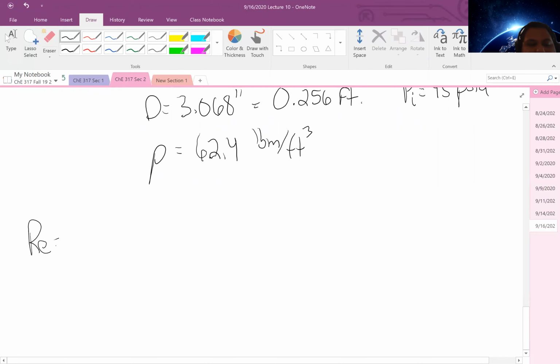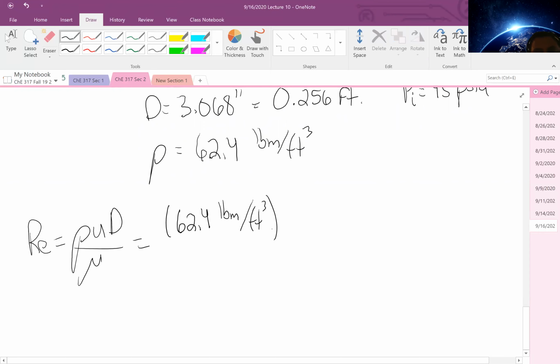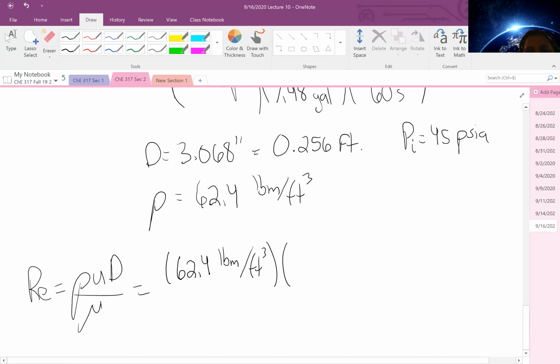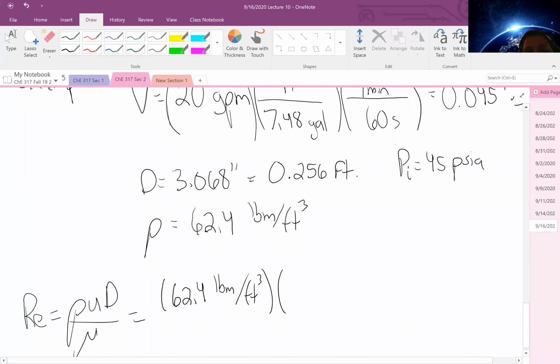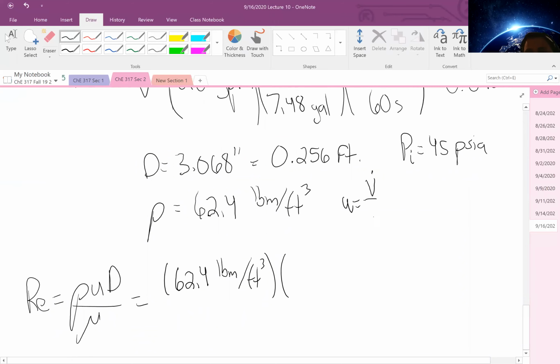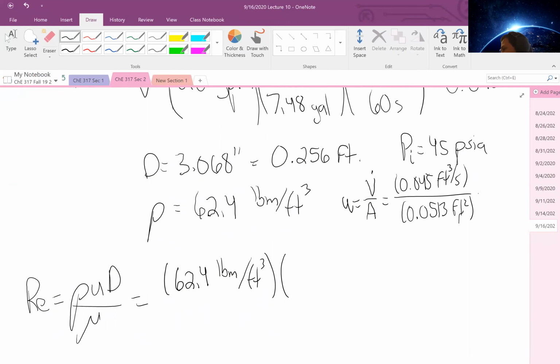So I typically calculate my Reynolds first, rho UD over mu. So the density of water being 62.4 pound mass per cubic feet. The velocity is going to be our volumetric flow rate over our area, or 0.045 cubic feet per second over our area, which for a 3-inch Schedule 40 pipe, the area is approximately 0.0513 square feet, which fortunately we can find from our textbook.